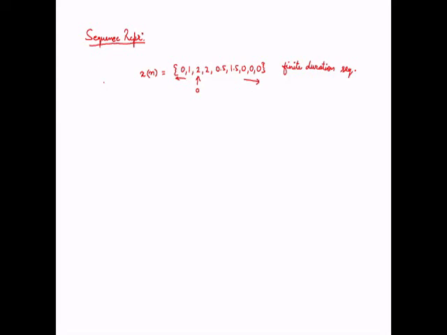Another representation of this: x[n] is equal to, in curly bracket, dot dot dot dot here, and we represent the pivot here. Here the value is 1, here the value is 2, and here 2, 0.5, 1.5, and 0 and 0 and so on.